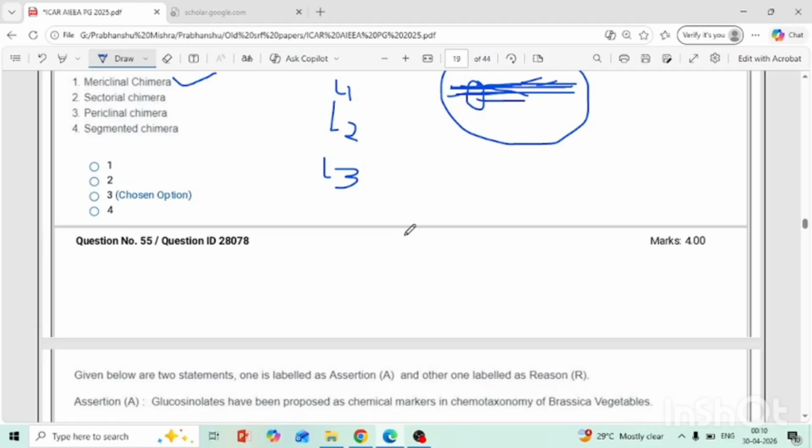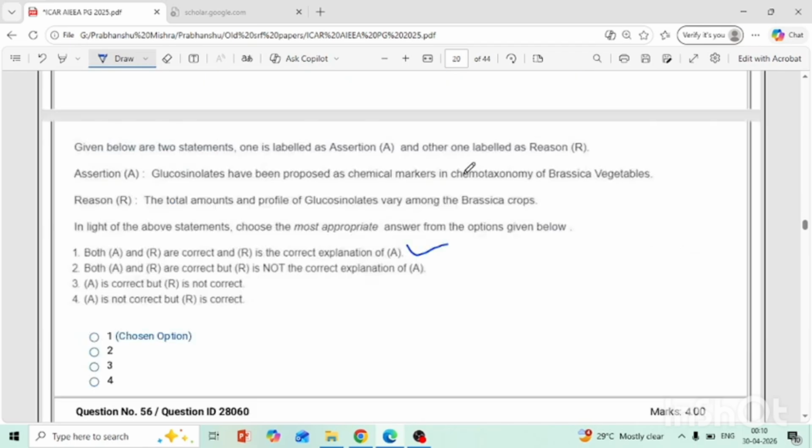Another is: glucosinolates have been proposed as chemical markers in chemotaxonomy of brassica vegetables. It is true, because in brassica glucosinolate is present, which is commercially used as a chemotaxonomic marker for plant or species identification. Another is: the total amount and profile of glucosinolate vary among brassica species.